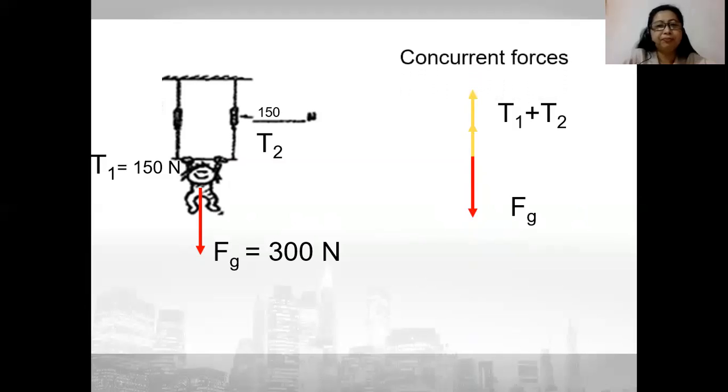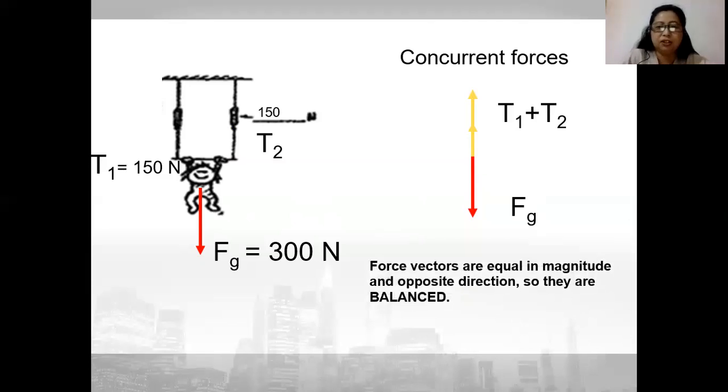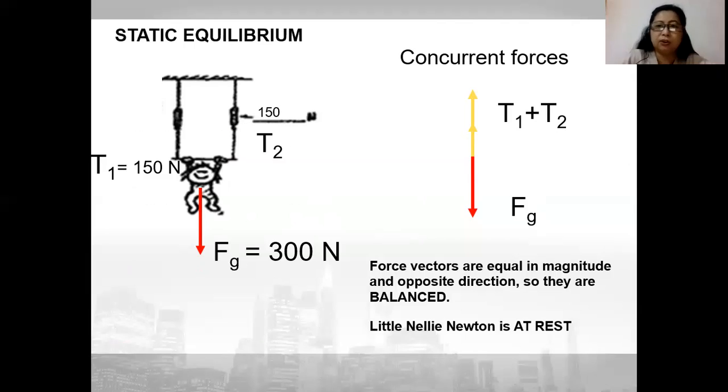So, since these forces are acting on the center or one point on the object, we call them concurrent forces. So, again, force vectors that are equal in magnitude and opposite in direction are called balanced. Little Nelly Newton is still at rest. So, little Nelly Newton is in static equilibrium.